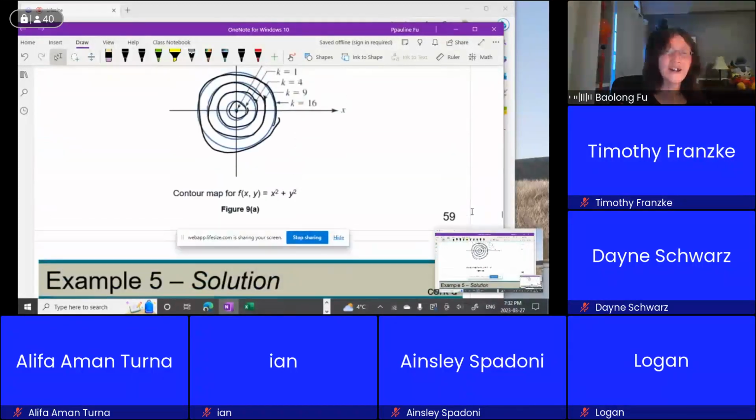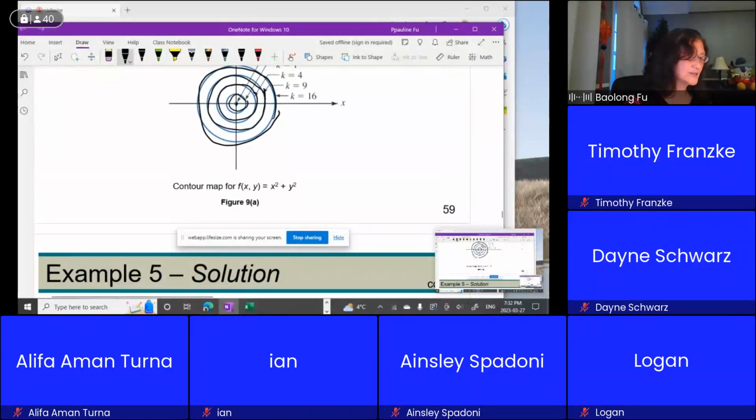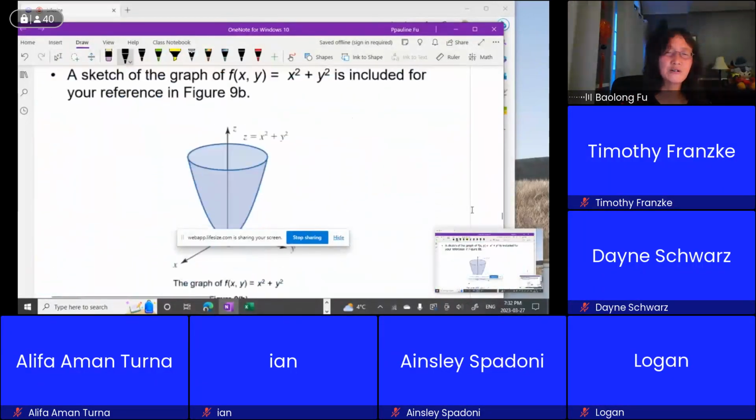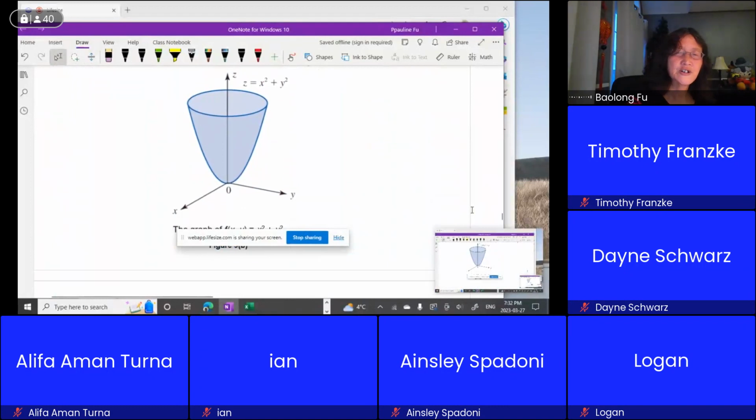We get this idea over here, so if k equals 0, and then k equals 1, maybe this, k equals 4, k equals 9, k equals 16, something like that.